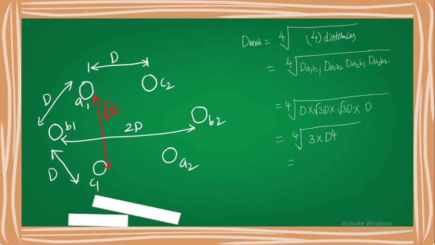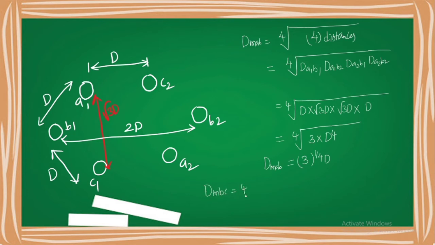Fourth root means power 1 by 4. So what you get is 3 power 1 by 4 and D. This is DMAB.